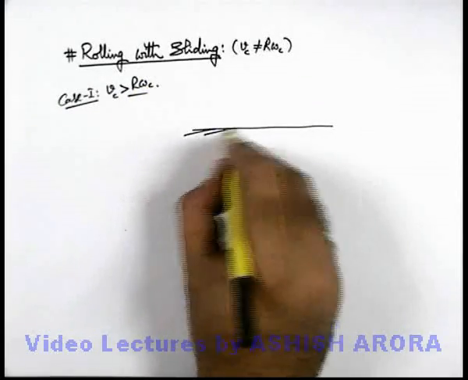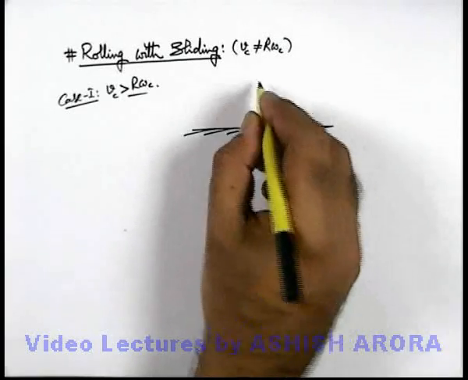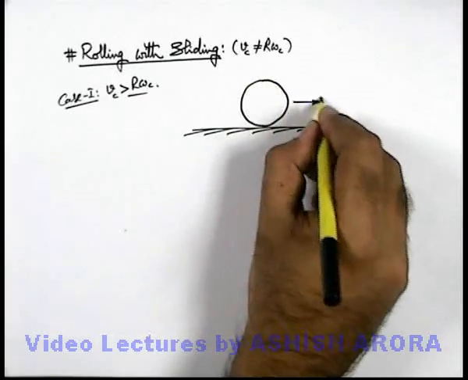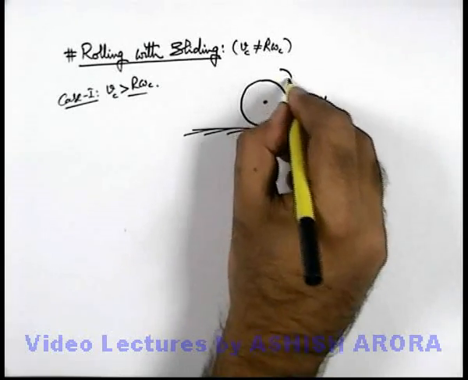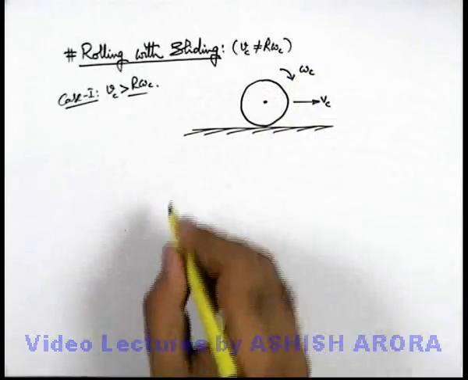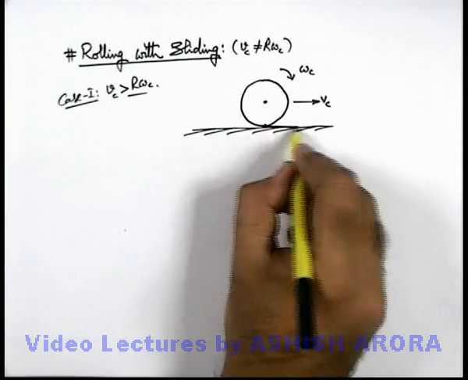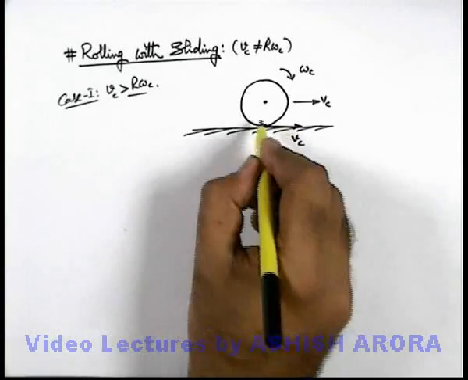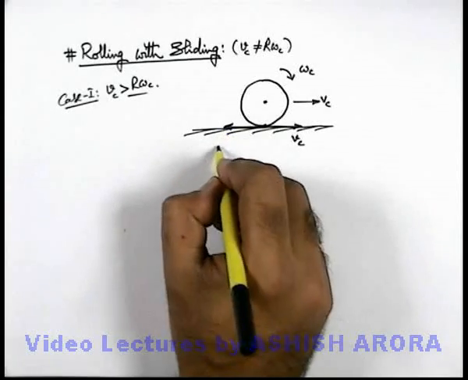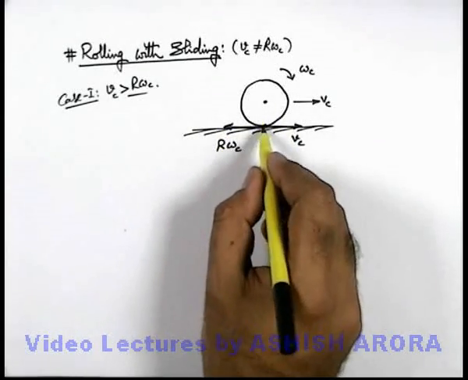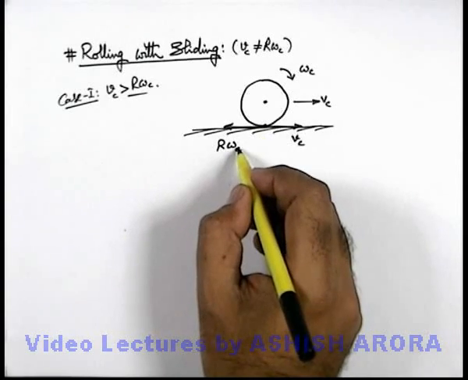Say on a rough surface, we place a round shaped object which is moving translationally at a speed vc and rotating about its center at angular speed omega c. Here the bottommost point will have a translational speed vc in forward direction, and the speed due to rotational motion about the center of mass is r omega c, which is in backward direction.